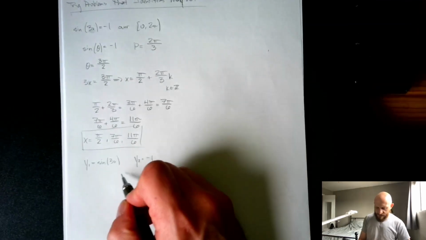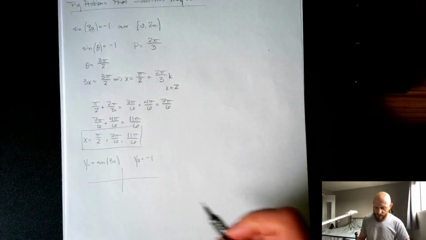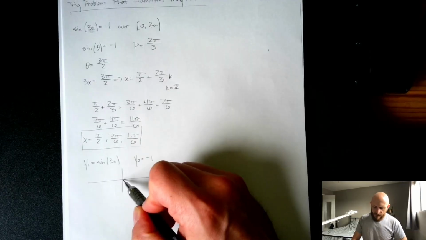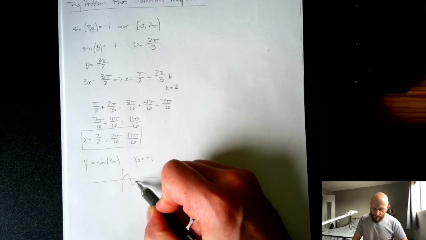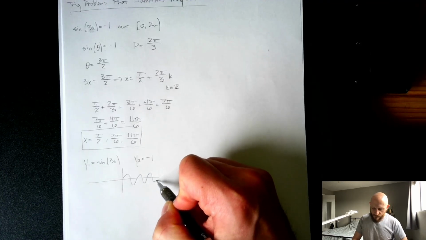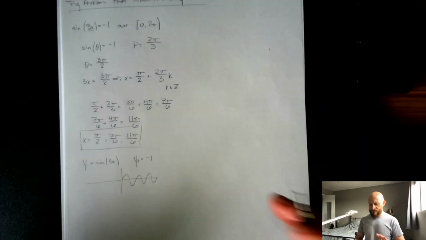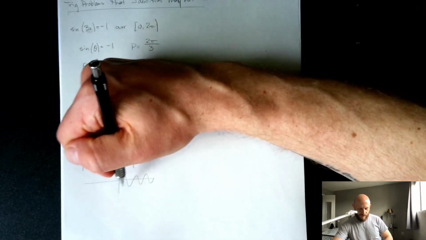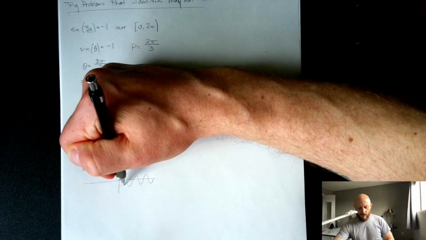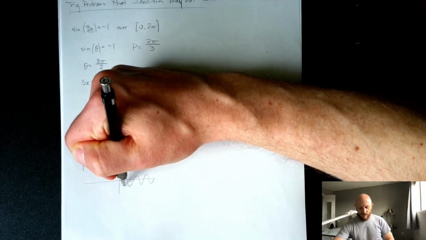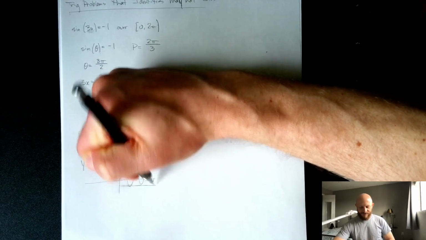So if you were to graph these, just a quick sketch of what it's going to look like, sine of 3x is going to do something like this. 1, 2, 3. There, from 0 to 2 pi. Just imagine that it's a perfect graph. You have to really use your imagination. And so that's y1. y2 is the line y equals -1, which should go through the troughs.